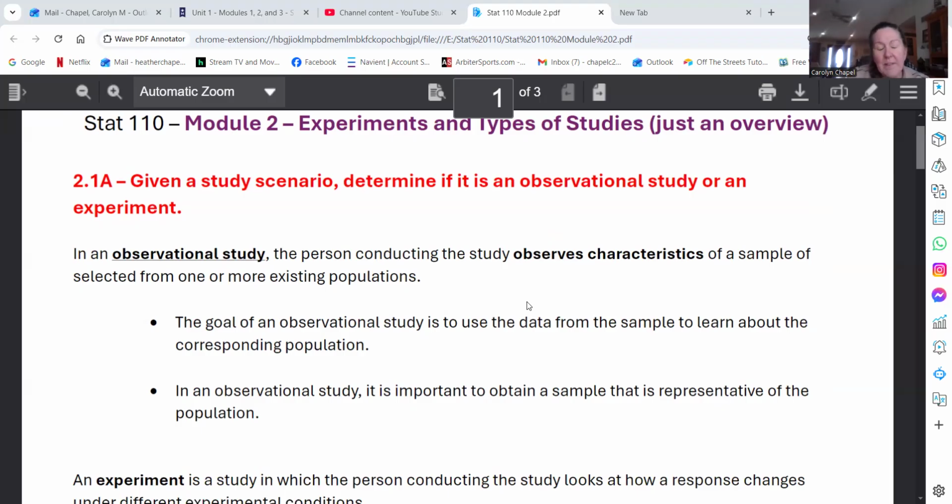In this type of study, they usually observe just different characteristics from the sample. They may take measurements at certain times. They may retake measurements at certain times and just gain some data to learn about what's going on with whatever population they're talking about.